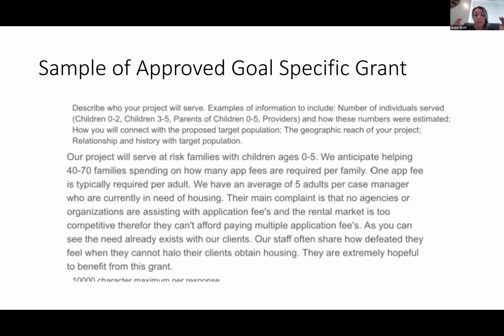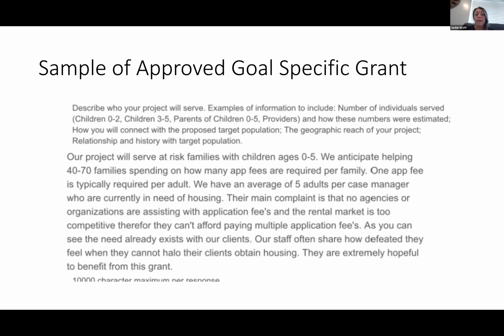So back to the question here, they talk about the problem. They give a problem statement. The main complaint is that no agencies or organizations are assisting with application fees, and the rental market is too competitive. Therefore, they can't afford paying for multiple application fees. So they address why this is a huge need.